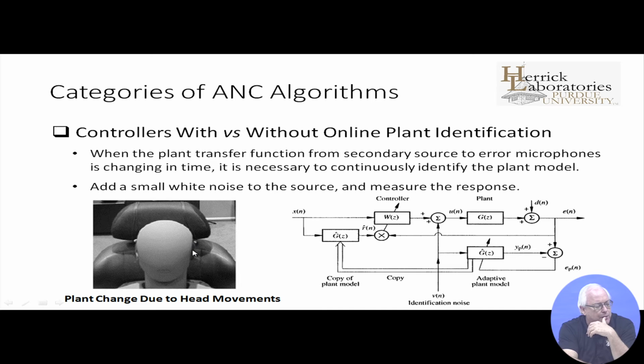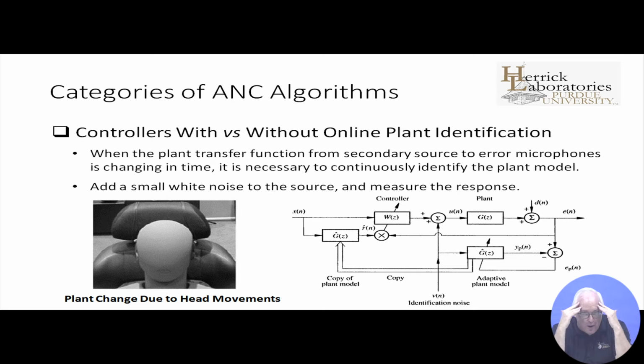You are trying to cancel the sound at the passenger's ears here, and part of the reason, what you need to know are transfer functions between the loudspeakers and the ear location. And that, in a sense, corresponds to the plant in this case. And if the passenger starts moving his or her head, that disrupts the situation, right?